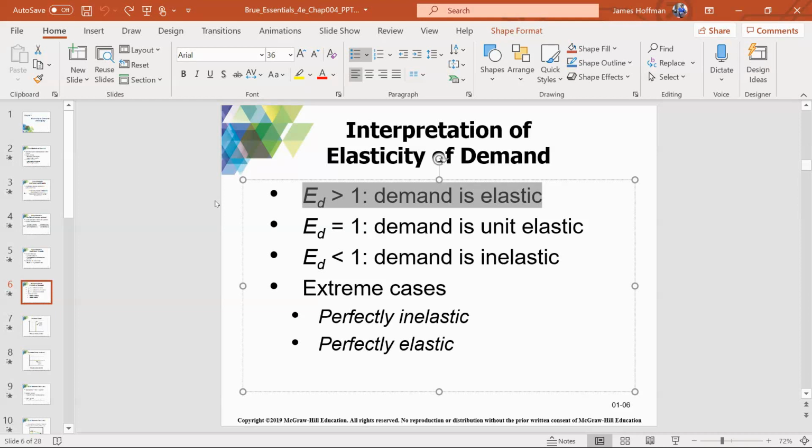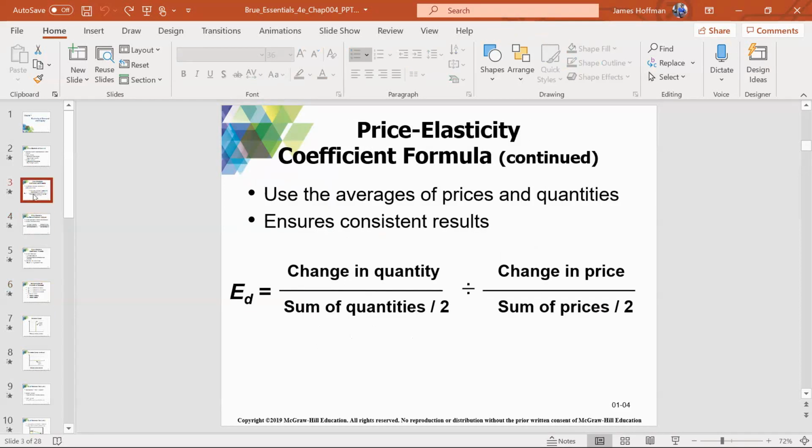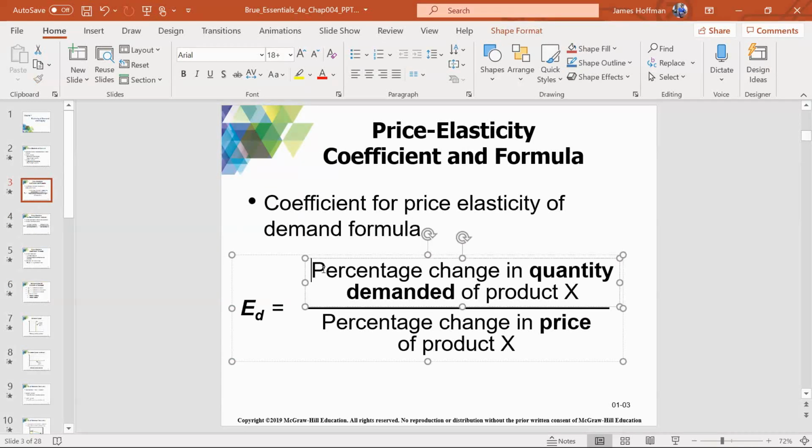If you go back to the equation, if the top part is bigger than the bottom part in percent terms, then the result has to be bigger than 1. That has to mean that demand changed more than price in percent terms. So you'll get a coefficient bigger than 1, meaning demand is more responsive, and that's elastic.